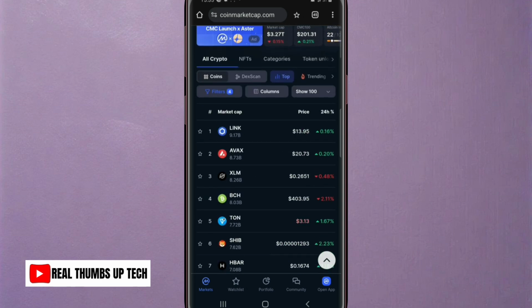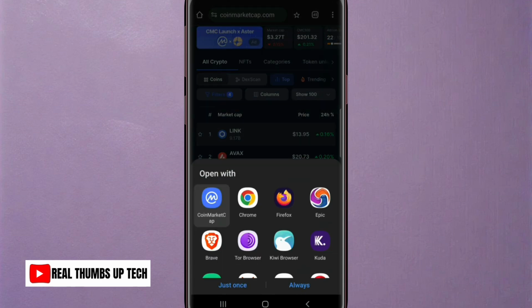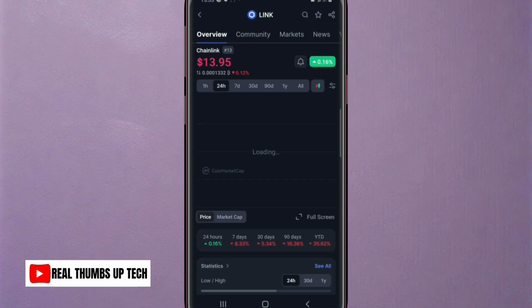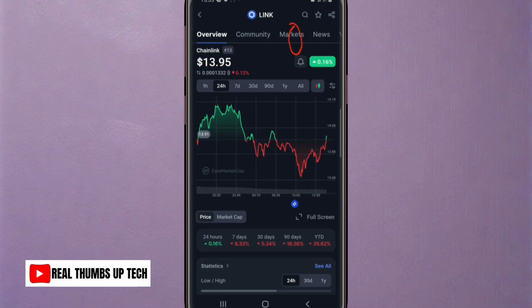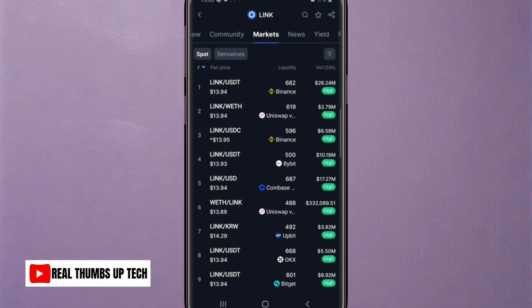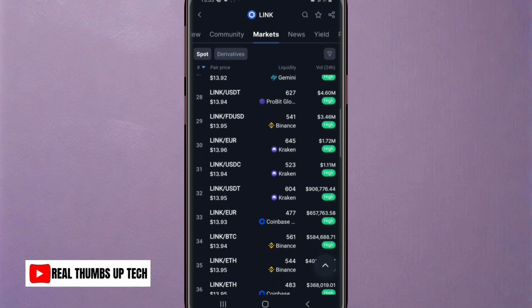Okay, and if you click on this link, for example, I think Link is available on Binance, and go over to markets. You can see that here we have Binance, here we have Binance. Here we have other exchanges. It must not be Binance. I'm just talking about the one I love the most.